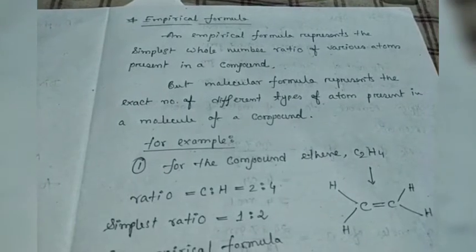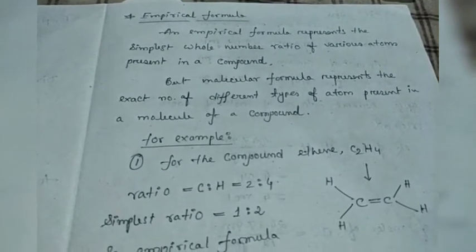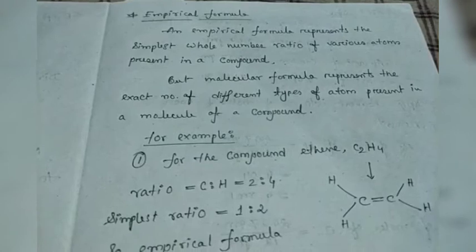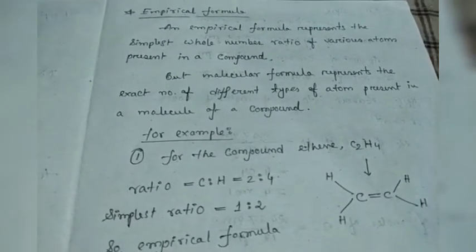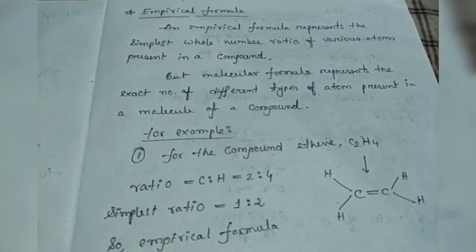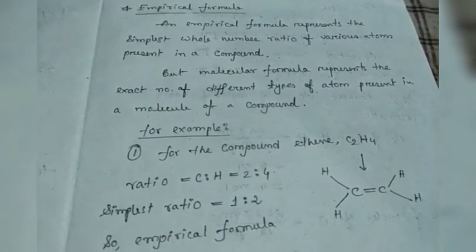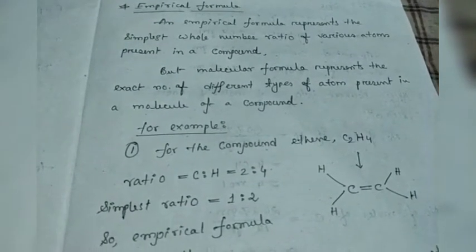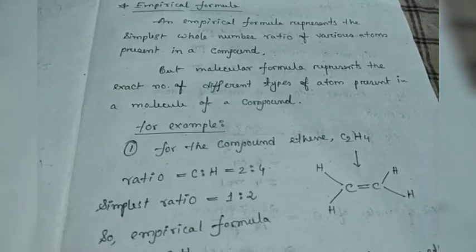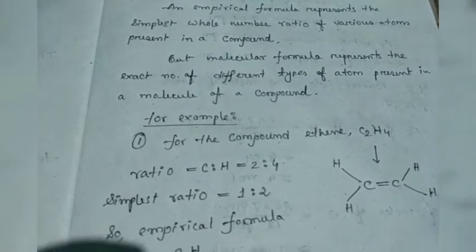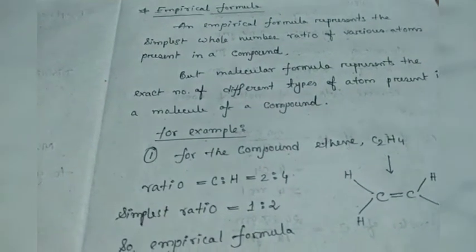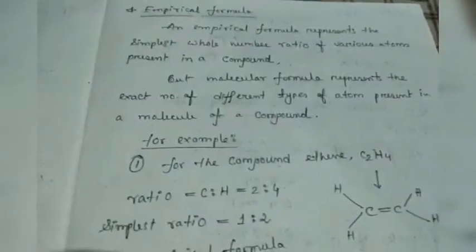So 2:1 is the ratio, and this is also the simplest ratio. But the molecular formula represents the exact number of different types of atoms present in a molecule of a compound. So in the case of H2O, 2:1 is the molecular formula ratio as well as the empirical formula ratio, because 2:1 is the simplest ratio.